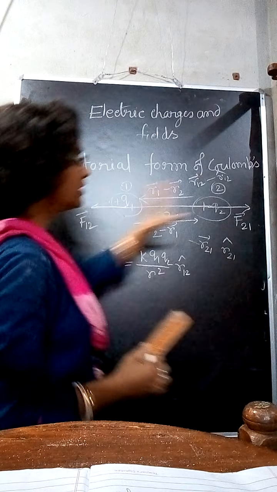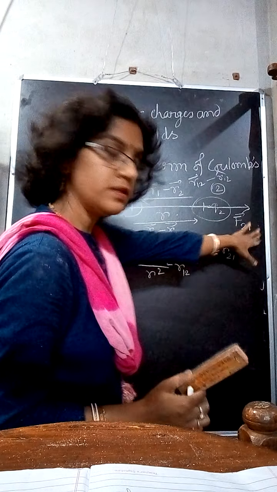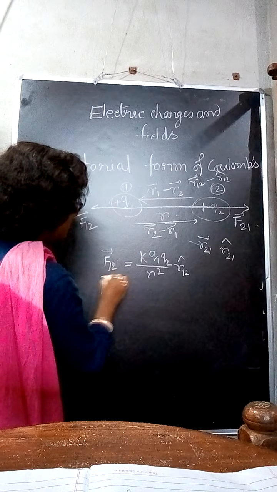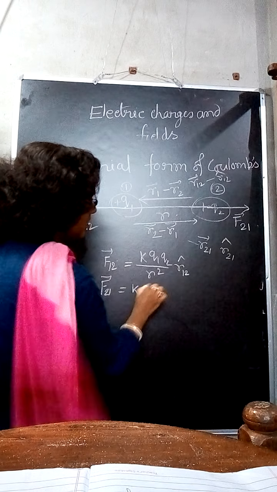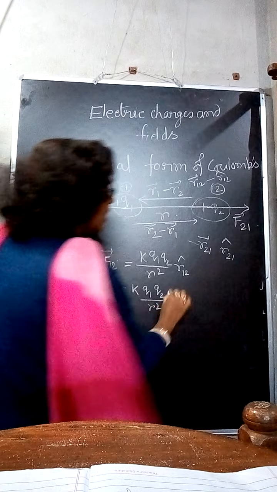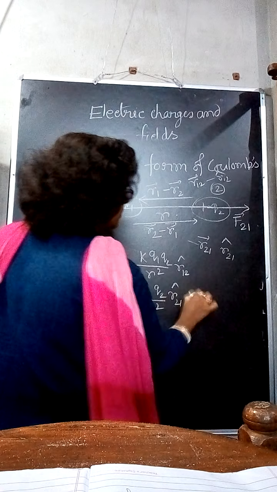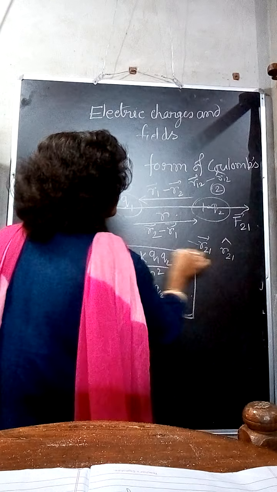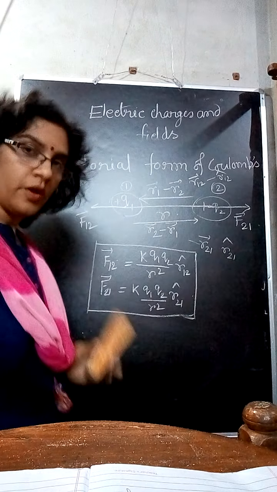And in that direction, that is F21, the vectorial form will be F21 equals K Q1 Q2 by R square R21 unit vector. These are the 2 vectorial forms of Coulomb's law.